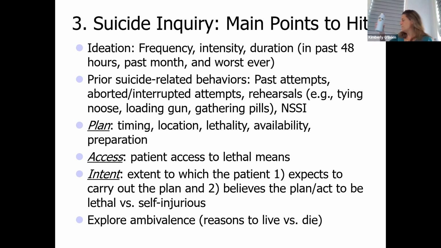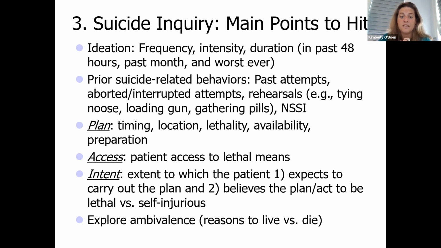So now we get to the real meat, and the most important thing you can probably take away: once a teen has endorsed suicidal ideation to you, you need to ask about these three things: plan, access, and intent. Plan involves the timing, location, lethality, availability, and preparation.